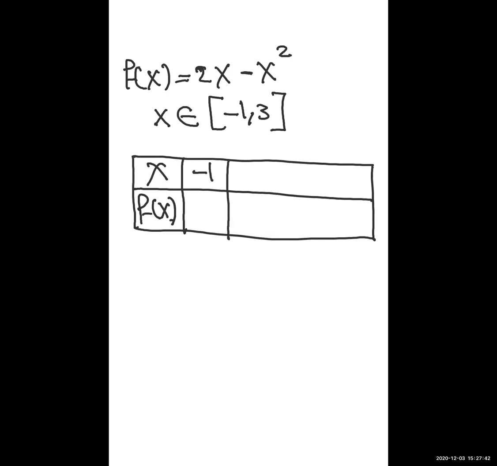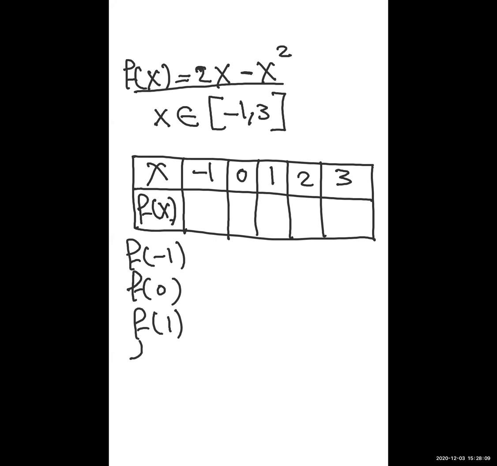So -1, 0, 1, 2, 3. Are we clear till now? Okay. Now get f of x with these values. So I want to get f of -1, and then f of 0, and then f of 1, and then f of 2, and f of 3.